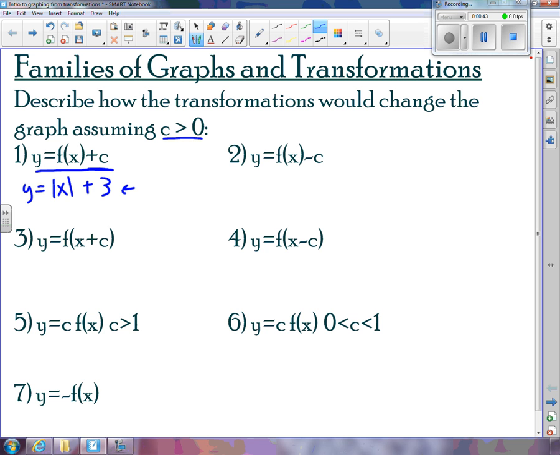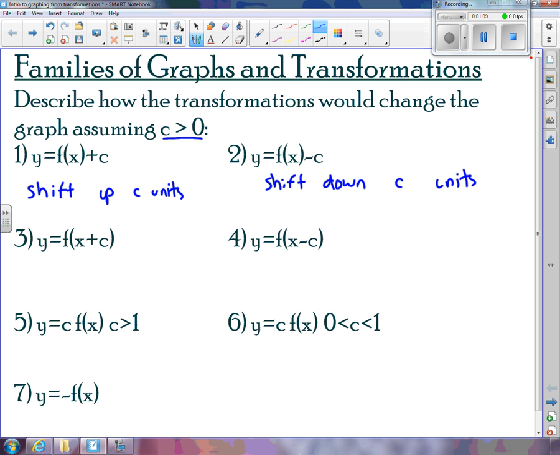So if I added just any number c, it would make the graph shift up c units. So now if instead of adding c, I subtracted c, it's a similar idea. We're going to shift down C units.